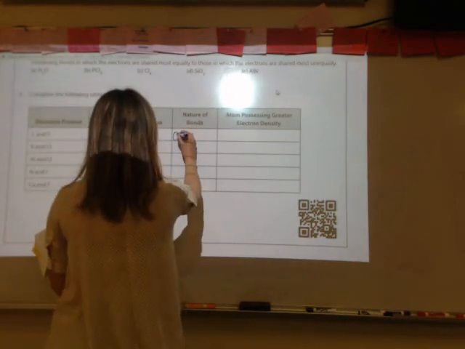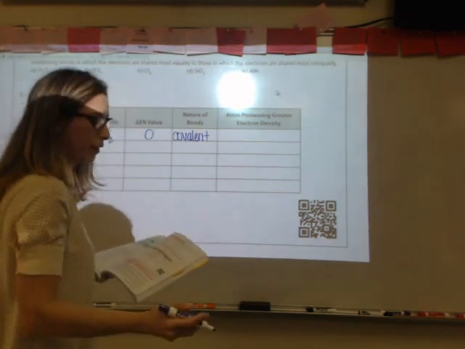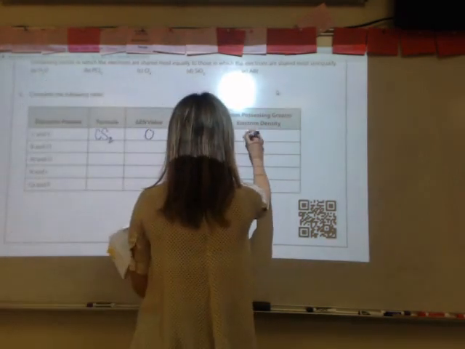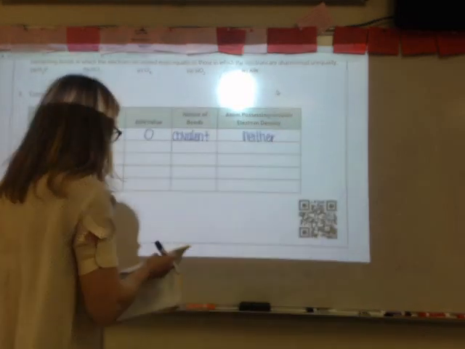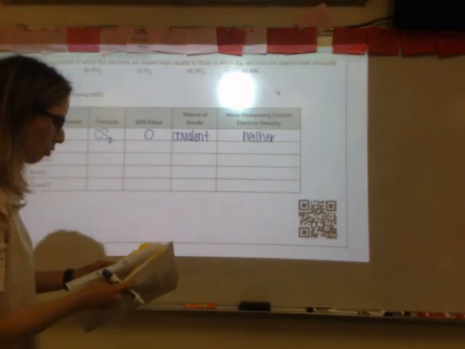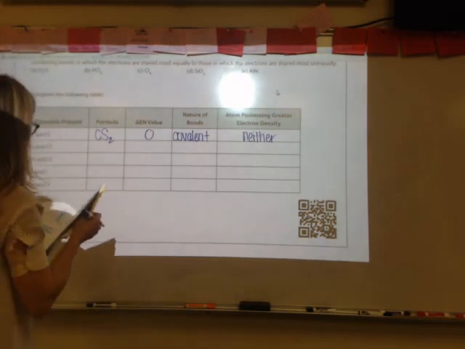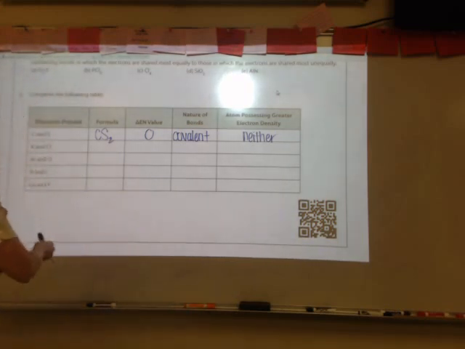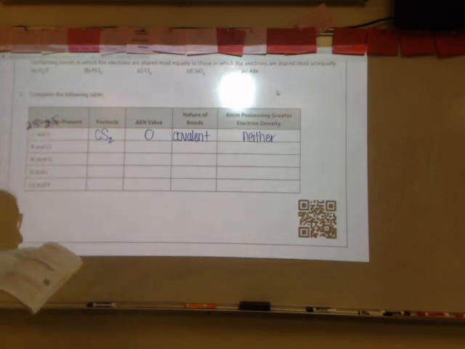And the nature of those bonds is going to be covalent, pure covalent or nonpolar covalent, right? The atom with the greater electron density would be neither, because if you look back at the electronegativity values, carbon is 2.5 and sulfur is 2.5. So neither one of these is actually going to share anything greater.